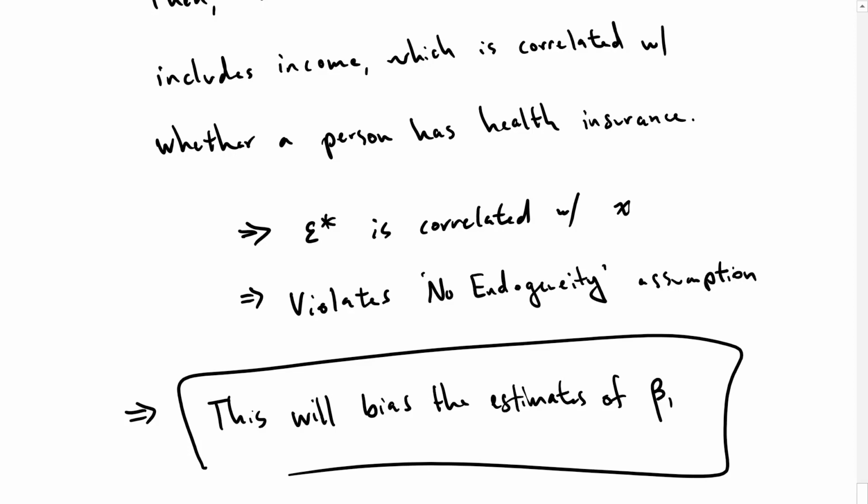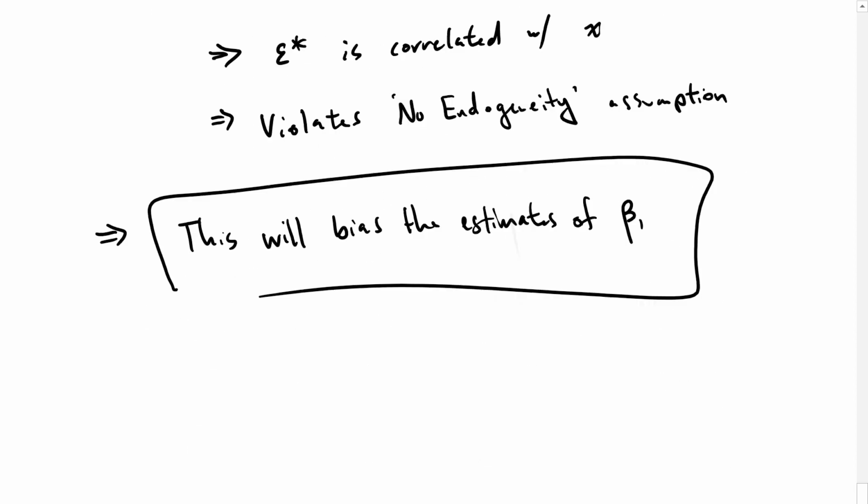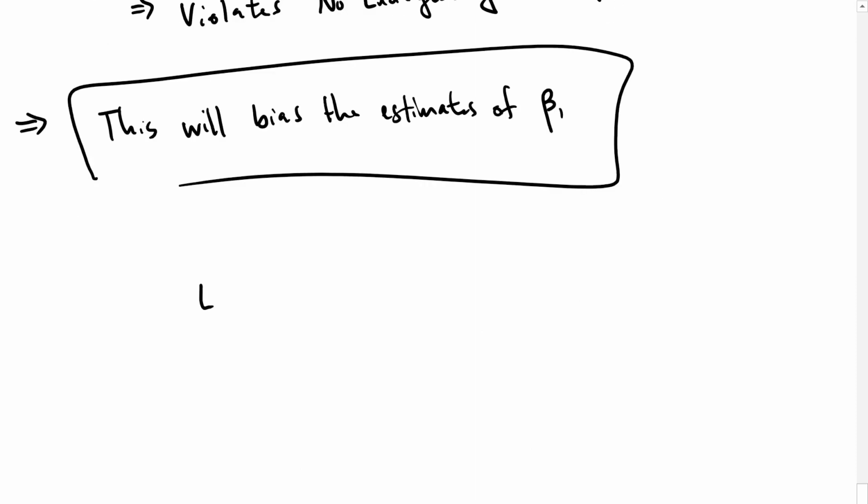Okay, so instead of having beta 1, normally we want the expected value of the estimate to be equal to beta 1, the true beta 1.